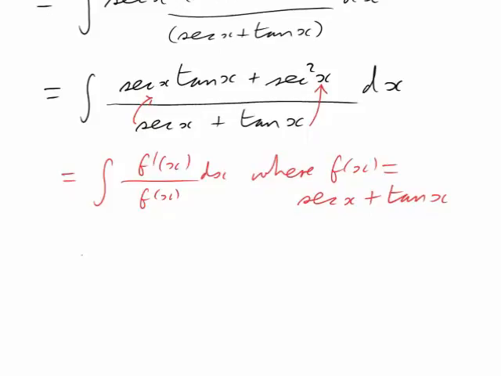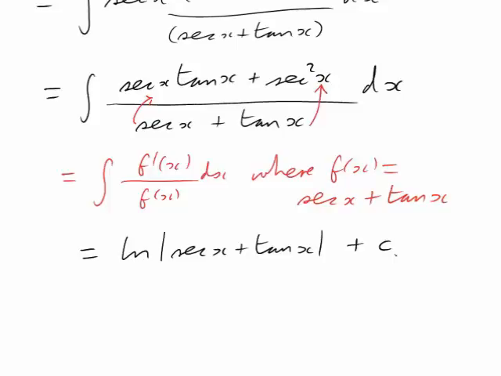The answer simply is the log of the denominator, ln of sec x plus tan x, plus the usual constant, of course. I've put absolute value symbols around the argument in the log because we don't know whether it's positive or negative. That's the conventional thing to do.